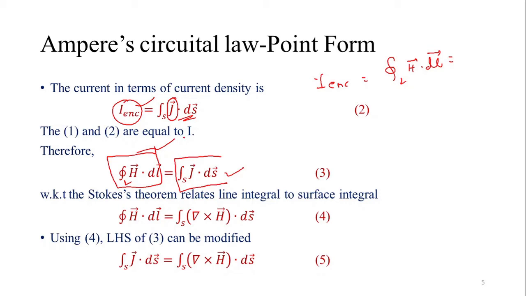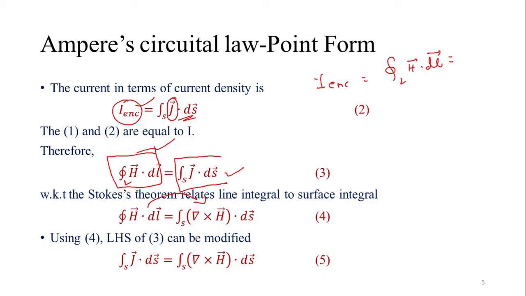We know that Stokes theorem relates a line integral with a surface integral. So suppose you have the closed line integral of H dot dl, by using curl you can define its surface integral, that is, the surface integral of del cross H dot ds is equal to the closed integral of H dot dl.